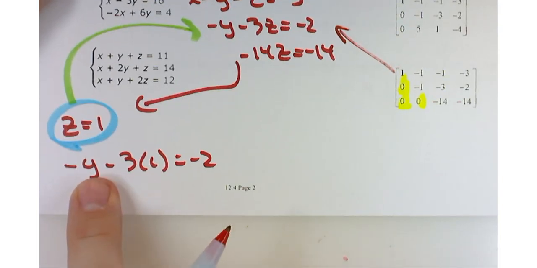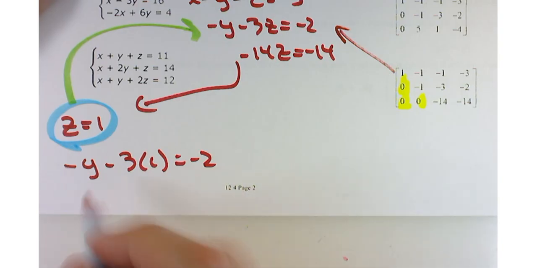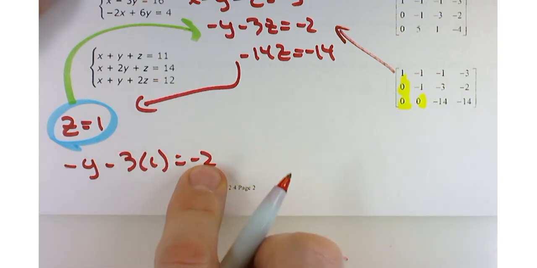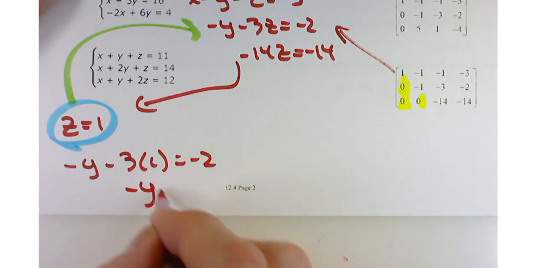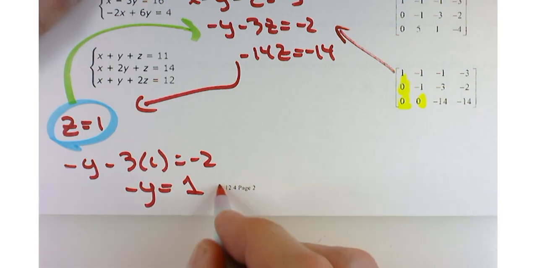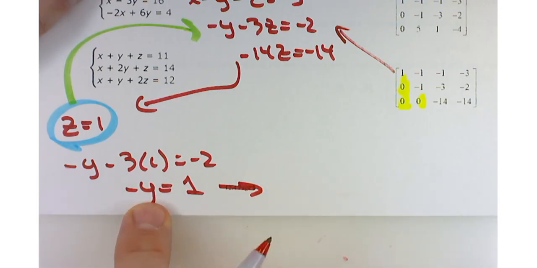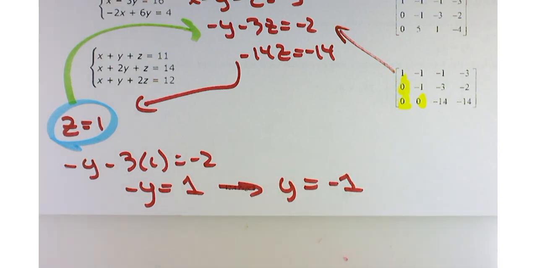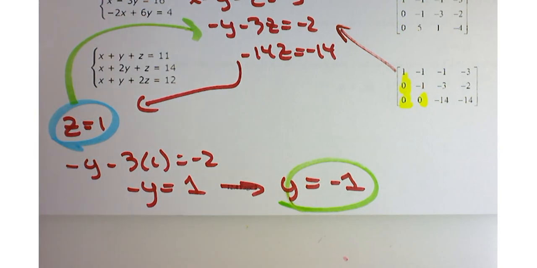So negative y minus 3 equals negative 2. If I add 3 to both sides, 3 and negative 3 will cancel. Over here, I'll get positive 1. So if negative y equals 1, what does y equal? Negative 1. Negative 1, thank you. 2 down, 1 to go.